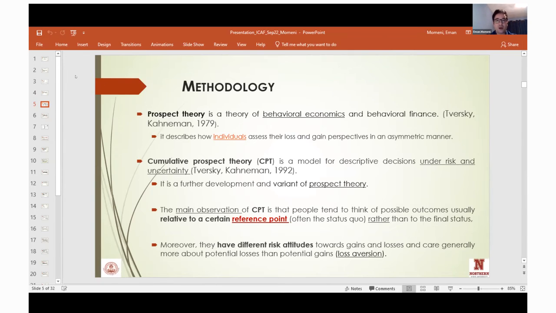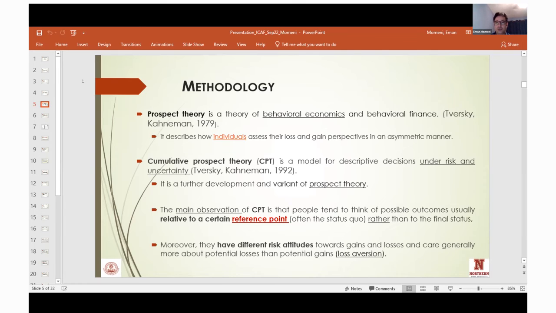As far as our methodology, we are focusing on two basic theories: prospect theory and cumulative prospect theory. Prospect theory tries to explain individual behavior when people have an asymmetric manner of prospects in gain and loss.